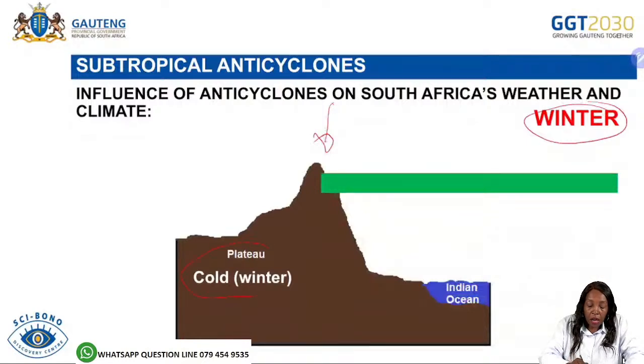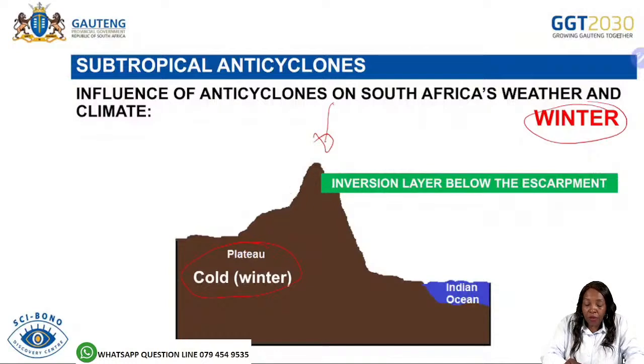So the interior of the country is experiencing cold temperatures. It is winter. So when the Kalahari high pressure cell has moved to the lower levels, the inversion layer will now be formed below the plateau.